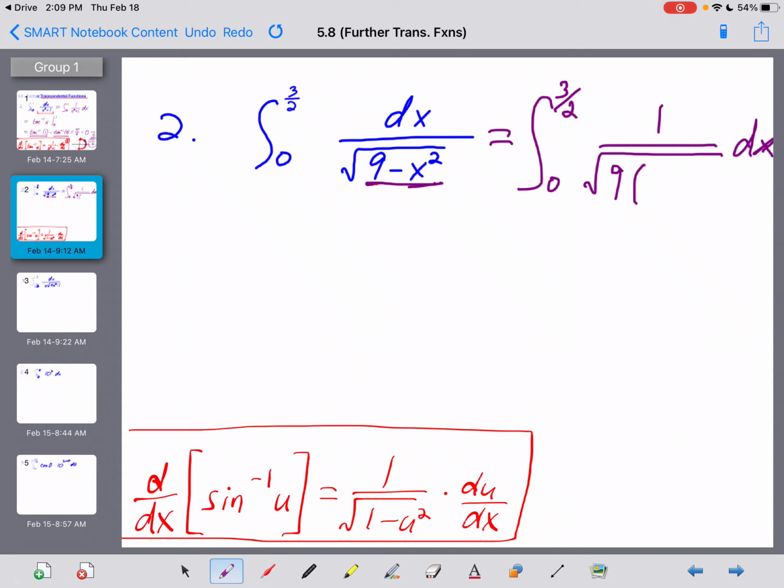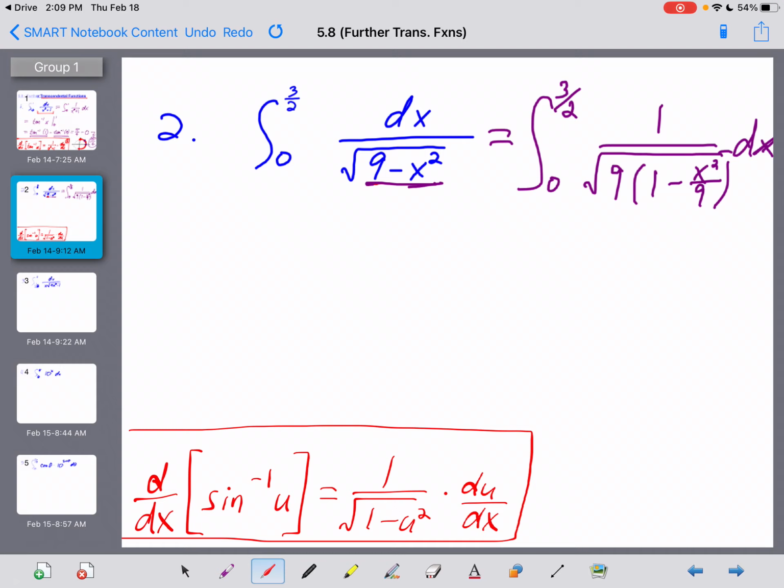Well, the 9 divides by 9 to make a 1 minus. And when you pull out a 9 that isn't there from x squared, you're dividing. You end up with x squared over 9. And if you look at that backwards now and think, okay, what happens if you redistribute the 9 back in there? You get right back where we started. So what I did works.